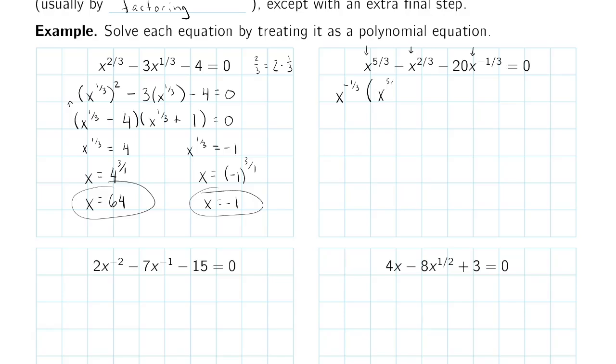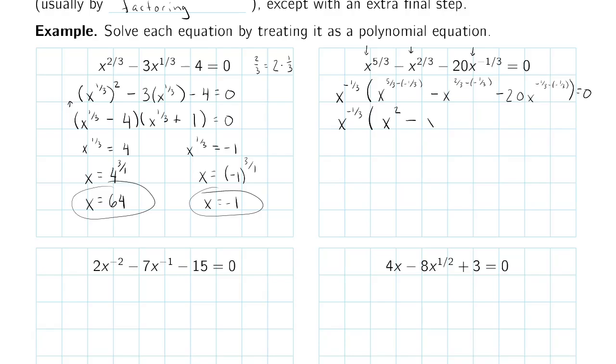So I've got x to the 5/3 minus negative 1/3, minus x to the 2/3 minus negative 1/3, minus 20x to the negative 1/3 minus negative 1/3, equals 0. x to the negative 1/3 times, well, this works out to just x squared.